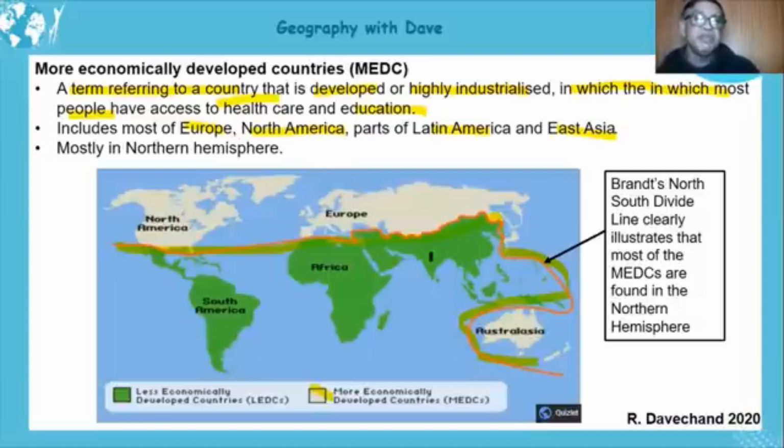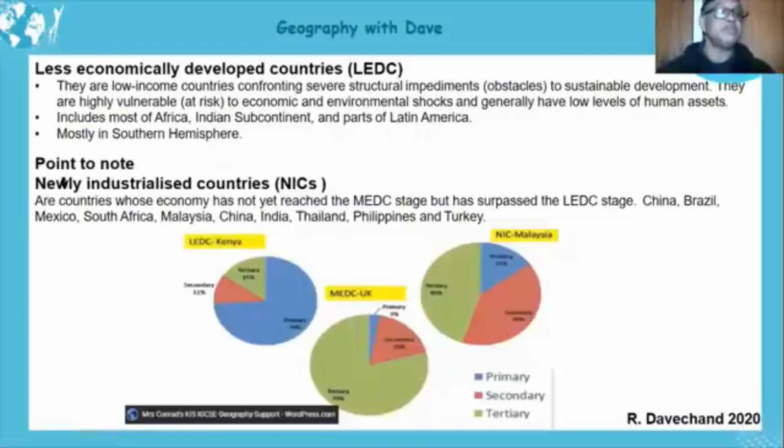There may be in between some countries that are more economically developed, or newly industrialized countries, all right? But generally, this is the trend. What Mr. Brandt has shown us in his line. So we can say that most of the more economically developed countries are found in the northern hemisphere. Okay? Let's go to other concepts.